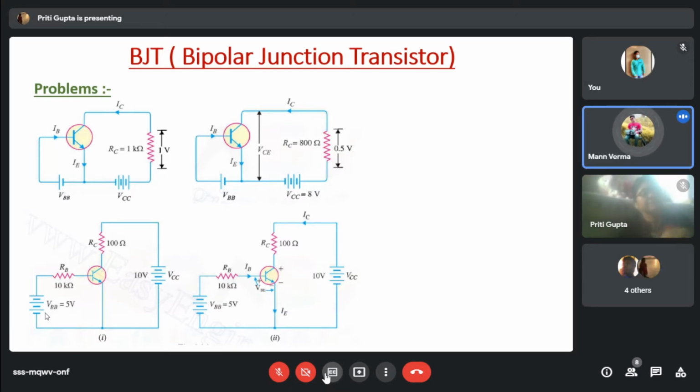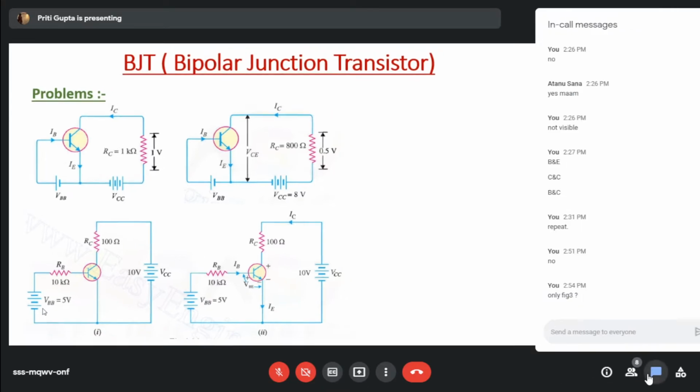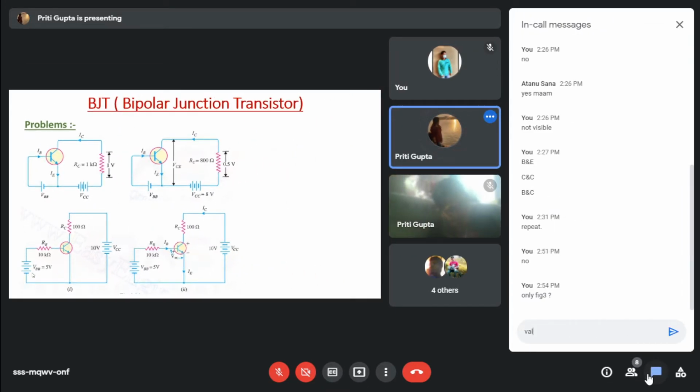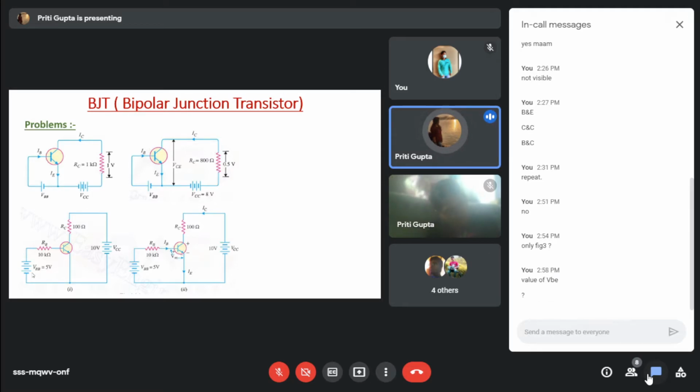Your IB is coming 0.43 ampere. Check it properly. One is in kilo ohm, 10 kilo ohm, and the other is in volt, so 10 into 10 to the power 3 ohm will be there.